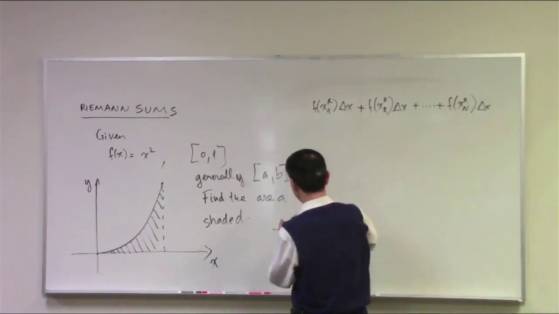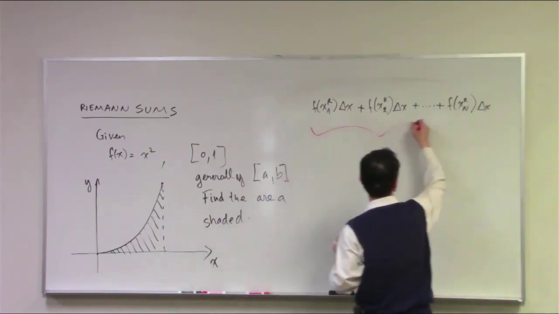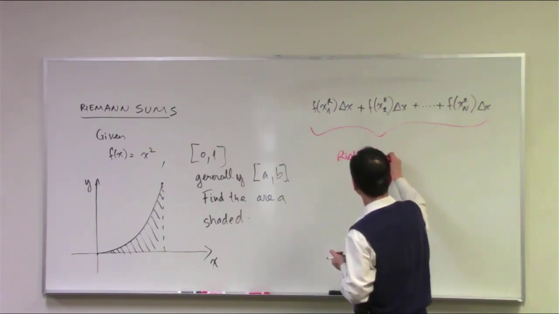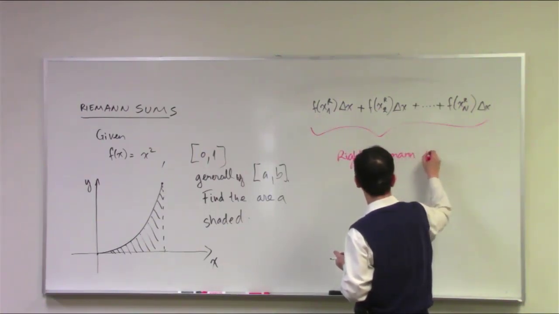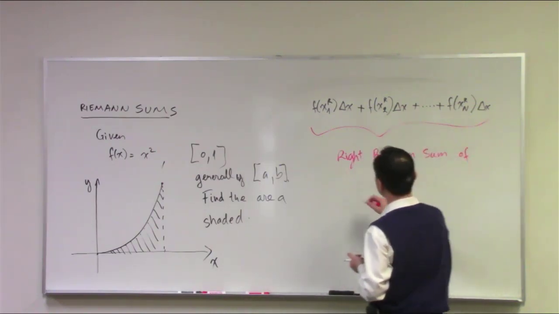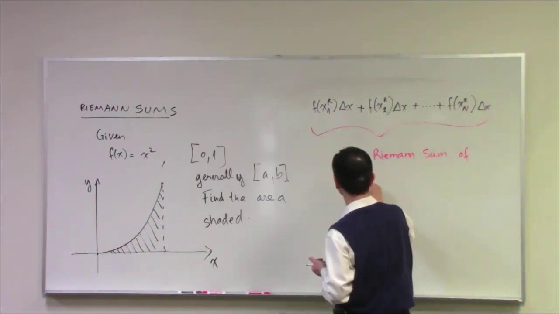We call this sum, this time, the right Riemann sum. It's the right endpoint Riemann sum of n subintervals.